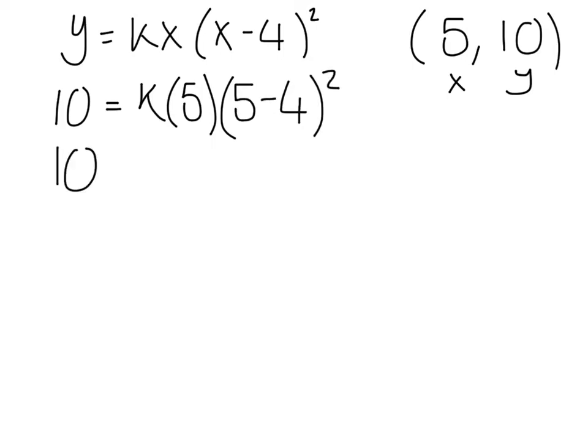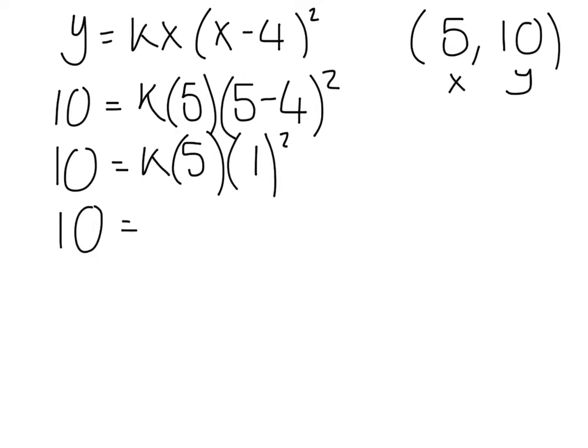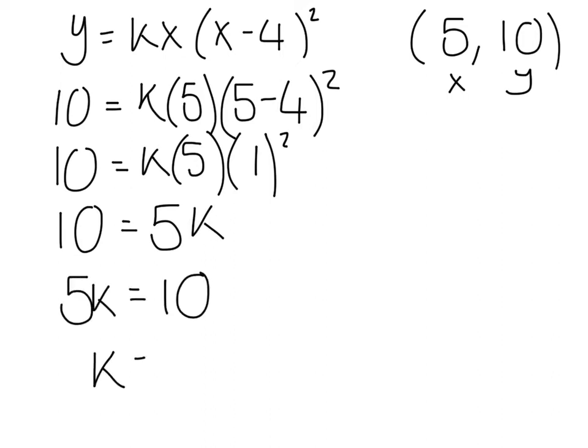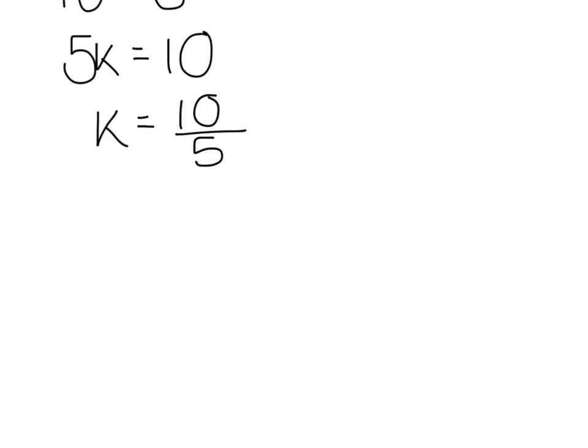So that's 10 equals k times 5 multiplied by 5 take away 4, which is 1, squared. So that's 10 equals k times 5 times 1 squared, which is 1. So that's k times 5 times 1, which is 5k. So that means 5k equals 10, which means k equals 10 divided by 5, and 10 divided by 5 gives us k equals 2. So part A asks us to find the value of k, and k equals 2.